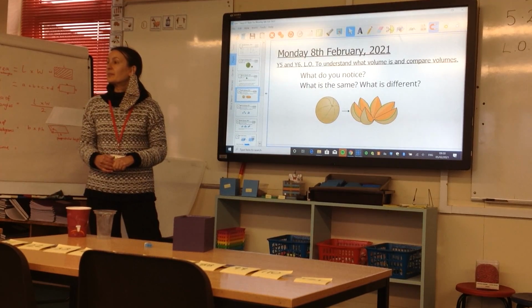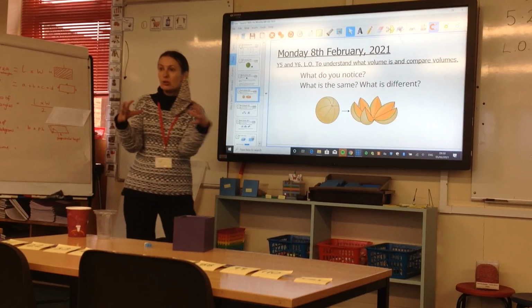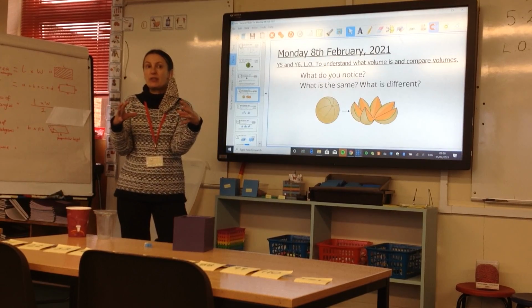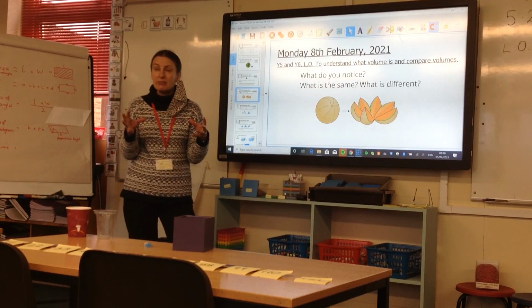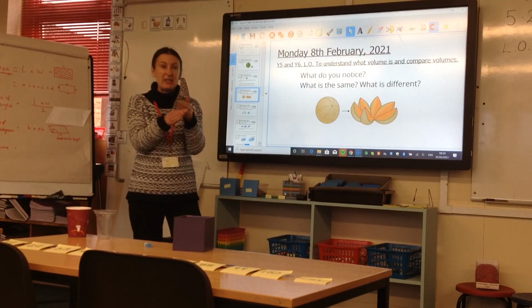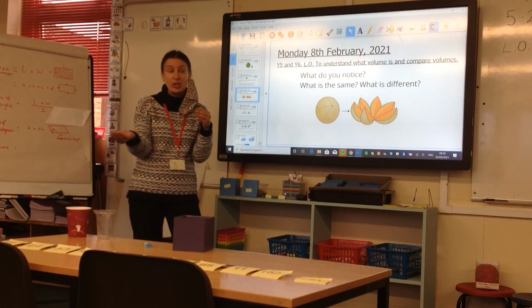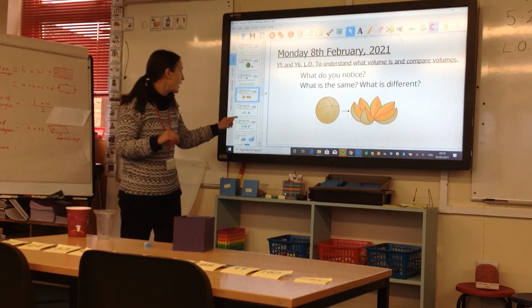They've both got the same amount of space in them because you've just cut them up, so if you put them back together it will make a solid again. You're onto something there, well done, absolutely. So this, even though it's one whole, has a certain amount of volume, hasn't it? Whereas this one, it's all cut up. Has it got the same? Yes, so it doesn't matter what it looks like, it's just been sliced up into pieces, into fractions, but it's got the same volume. Good teaching point and learning point there.